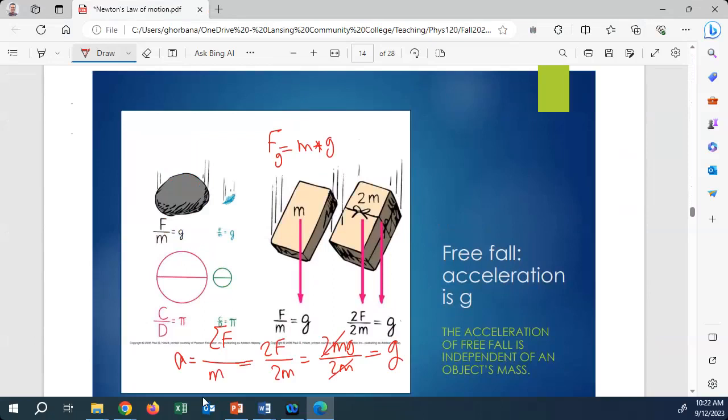That's why if you drop this cell phone, it moves with the gravitational acceleration. If you drop this mug, it moves with the same gravitational acceleration. Okay, if there is no air resistive force, if there is no air resistance. If there is air resistance, that would be a different story. Okay, we will talk later.